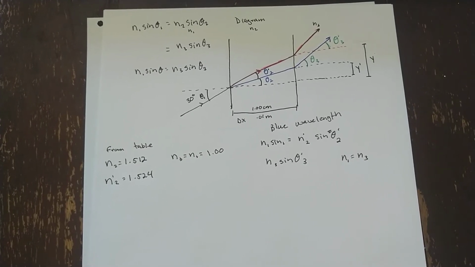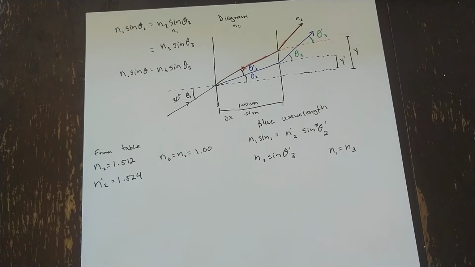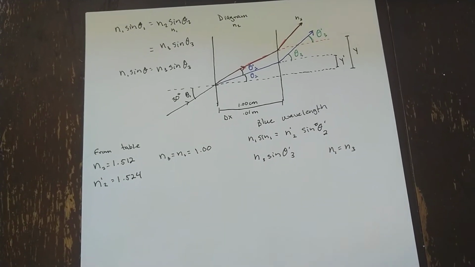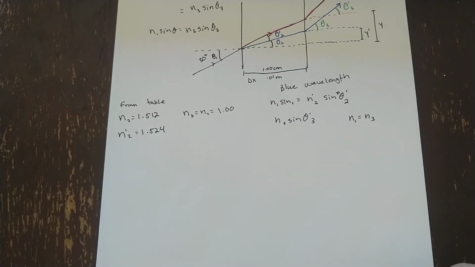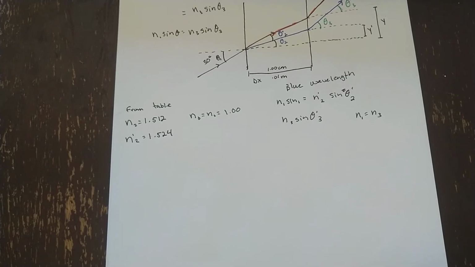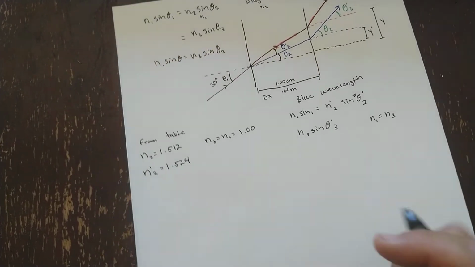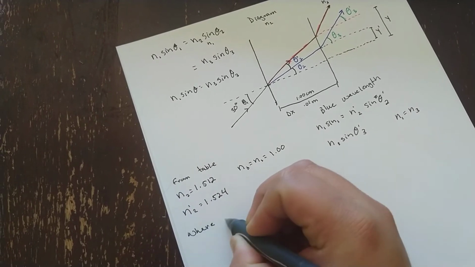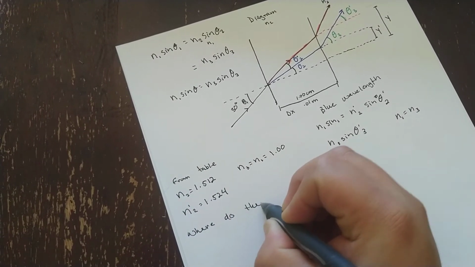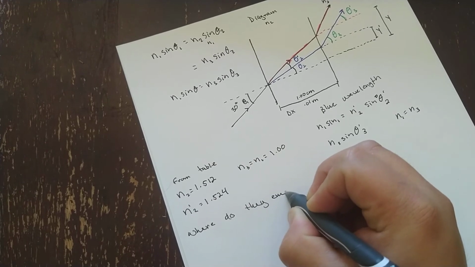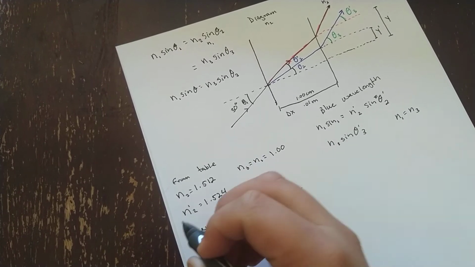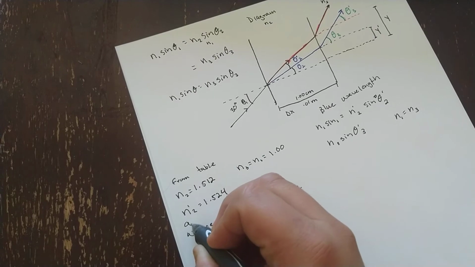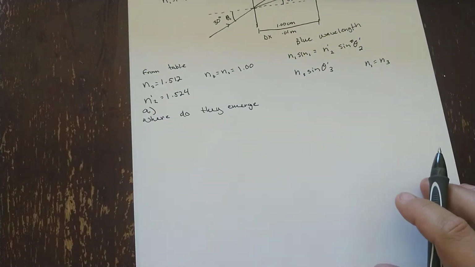We're going to go back to the first part of the problem. The first part asks at what angles the rays of light emerge. So we're going to note this down for part A. Where do they emerge?